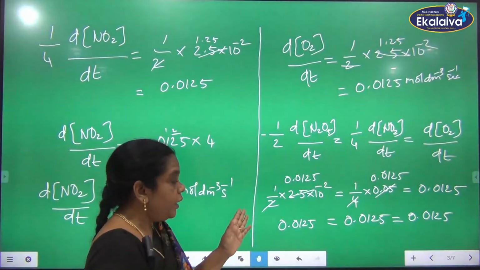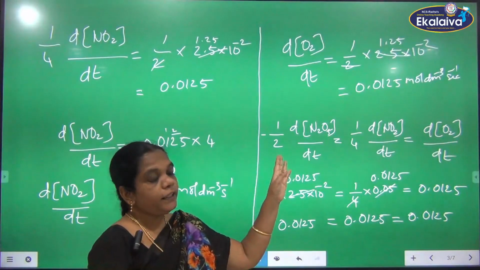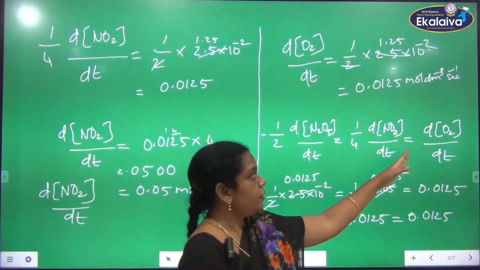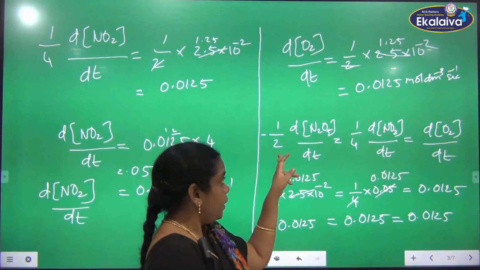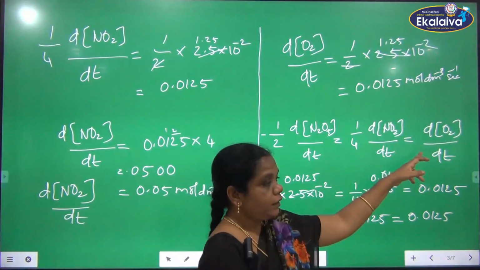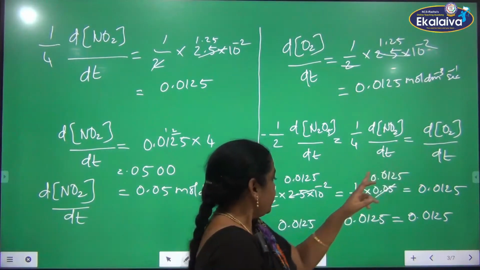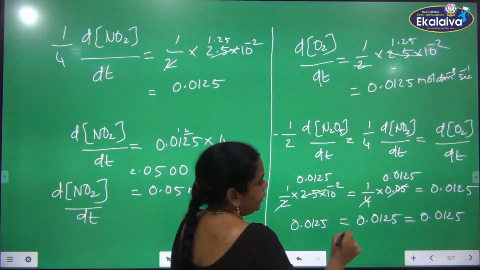The rate of the disappearance of the reactant is equal to the rate of the appearance of the product. This is the rate of the disappearance of the reactant, and this one is the product. And next, see, the rate is equal.